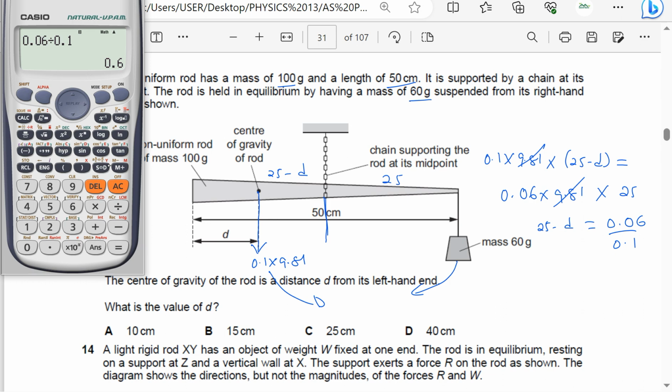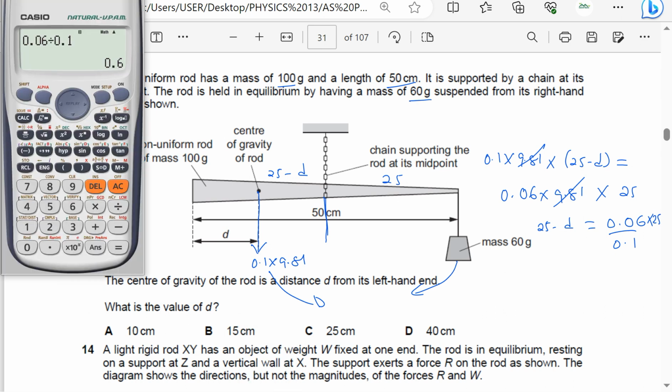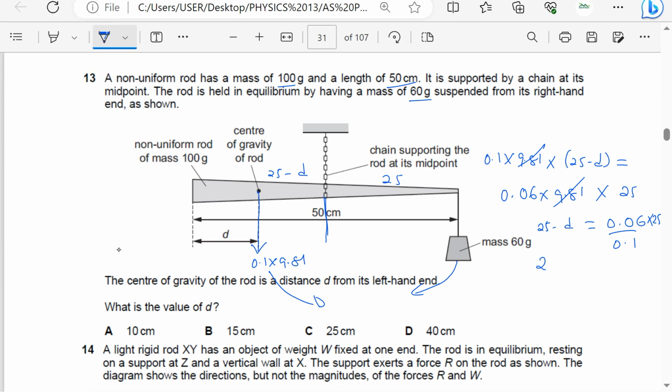Oh, sorry, there is a 25 here. This is times 25. So that is times 25. That is 15. So 25 minus d is equal to 15. So I think d is going to be equal to 10. d is going to be 10, and that is in centimeters. So the answer is going to be A.